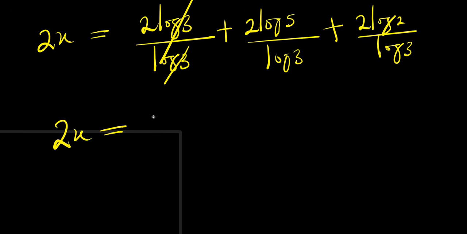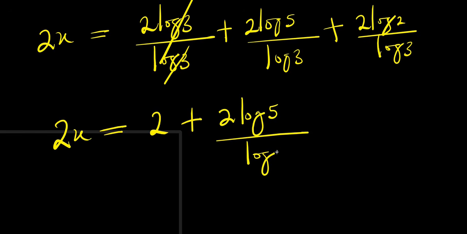I have 2x equals 2 plus 2 log 5 divided by log 3 plus 2 log 2 divided by log 3.